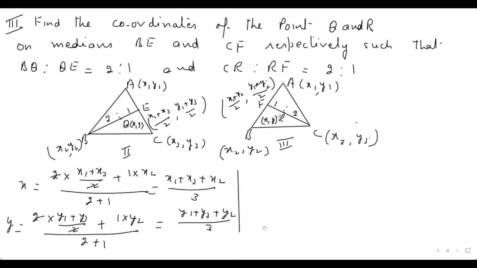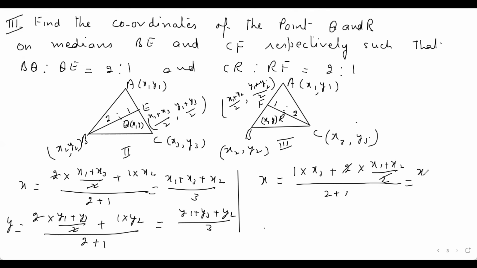Now similarly in this figure also, I am to find the coordinates of R. So x is equal to 1 multiplied by x3 and 2 multiplied by (x1 plus x2) upon 2, upon 2 plus 1. This and this cancelled.